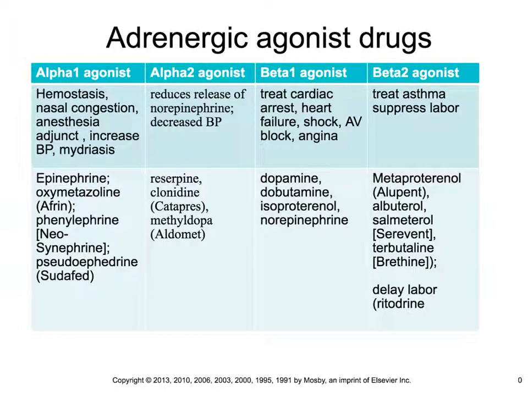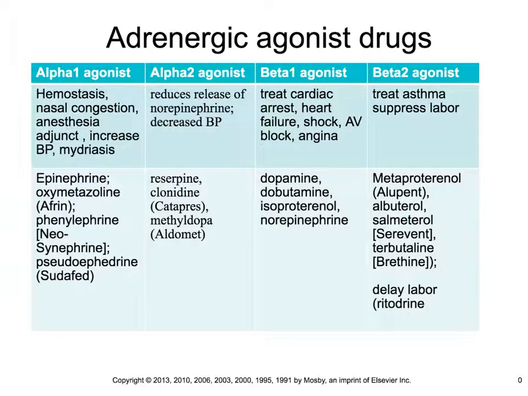It may be used with anesthesia adjunct therapy, and it will increase the blood pressure. And with the eyes, it will cause mydriasis, if I'm saying that correctly. So the alpha-2 agonists reduce the release of norepinephrine, and they will decrease the blood pressure.